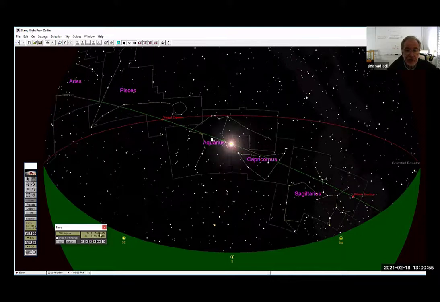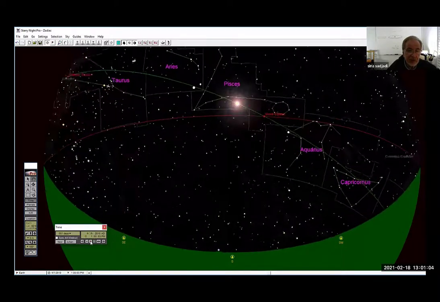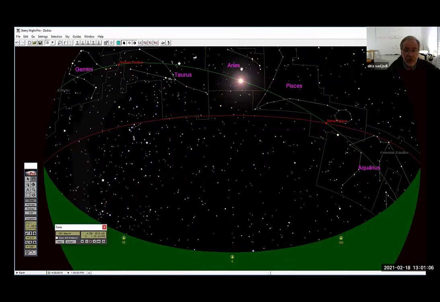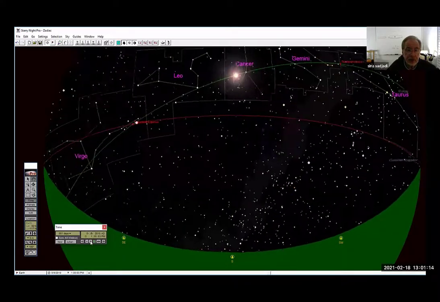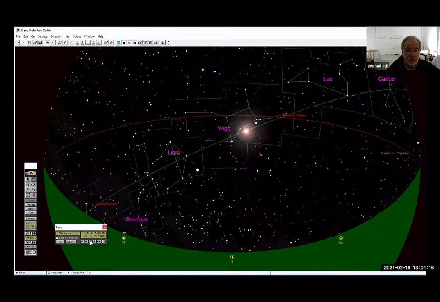So if you're born here, we say you're an Aquarian. If you were born here, your mom gave you birth in the hospital, you go, oh, you're an Aries. It's called a sun sign. And here it will be the constellation Virgo.